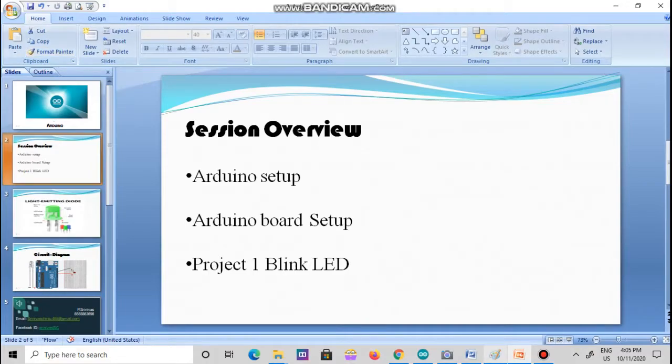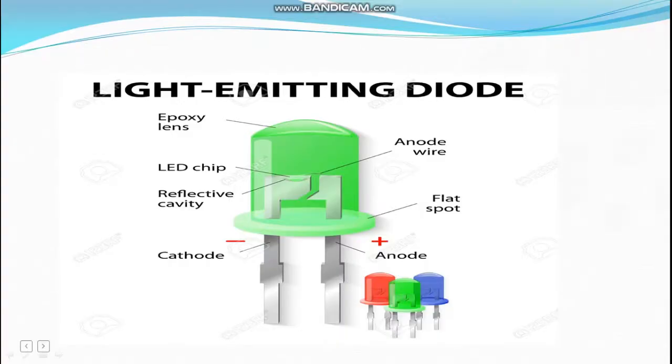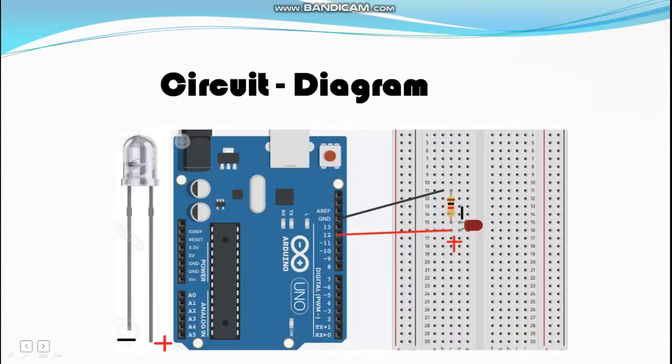Before that, let me show you what an LED looks like. Everyone knows this, but there are many things that you need to learn. The first thing is that you have to identify which one is positive and which one is negative. Everyone knows that the LED leg with the longer wire is called positive, and the other one is negative.